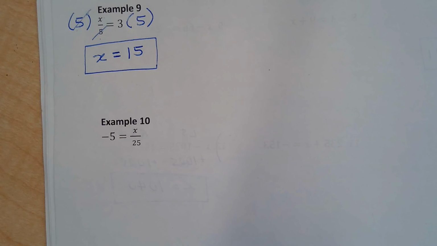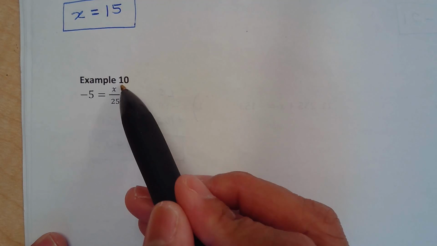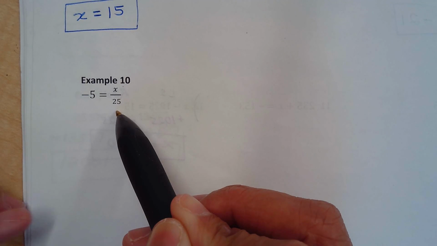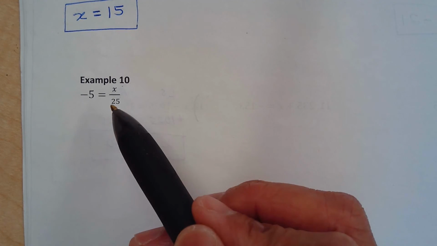Okay, last but not the least. What's happening to the x? X is being divided by 25. So what's the opposite of dividing by 25?